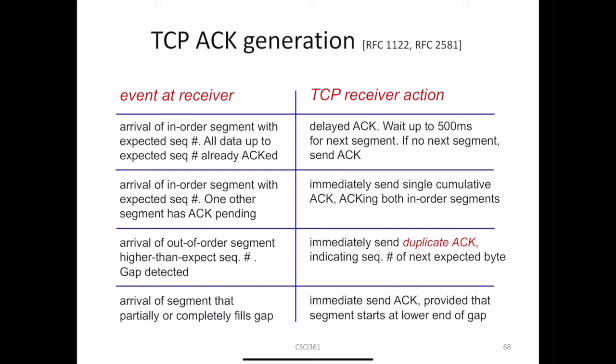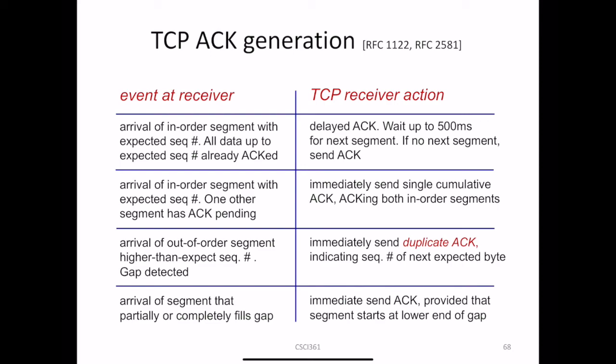The event is arrival of in-order segment with the expected sequence number, and all data up to the expected sequence number is already ACKed. This event triggers a delayed ACK action: wait up to 500 milliseconds for the next segment. If there is no next segment, send ACK.